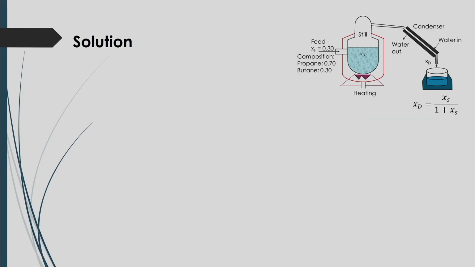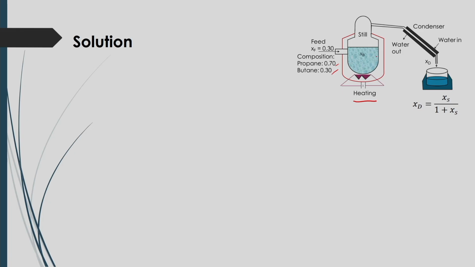Okay, let us solve this problem. As per this problem, we have this still, and the feed composition is 0.30 as xf, with the propane and butane mixture being 70% propane and 30% butane.